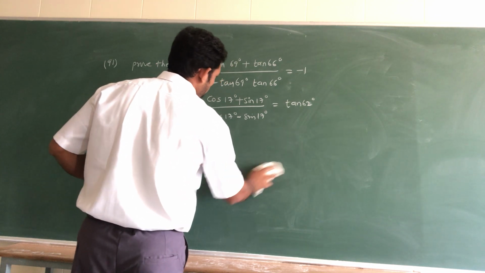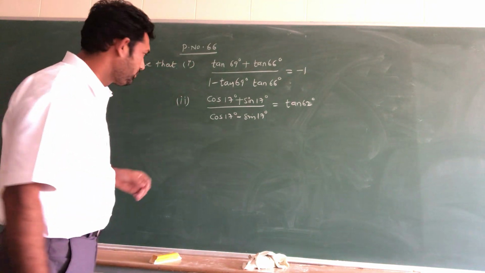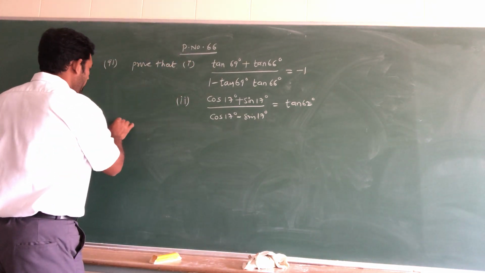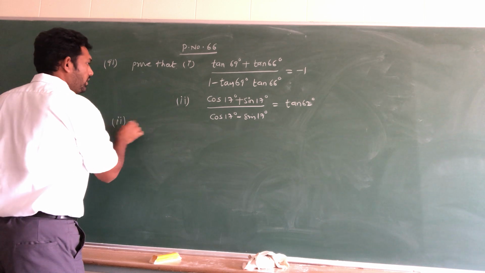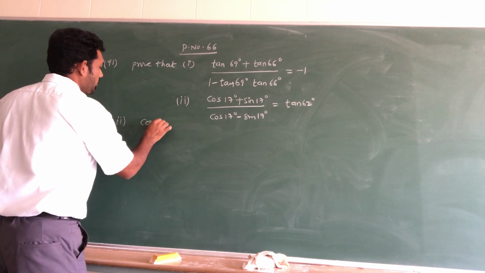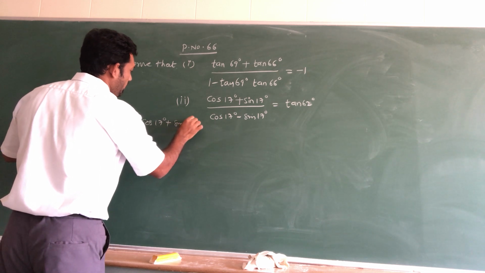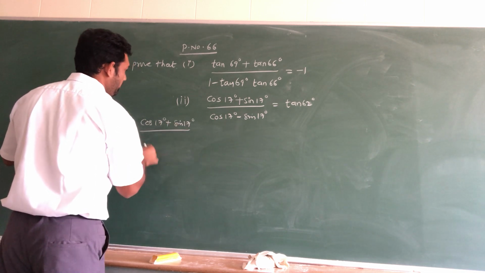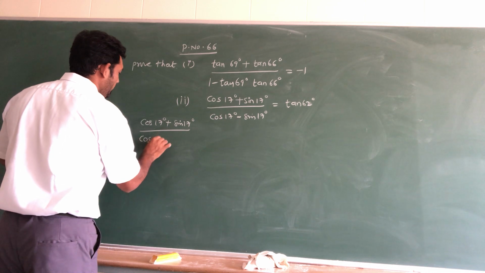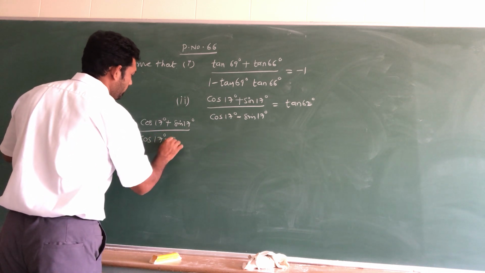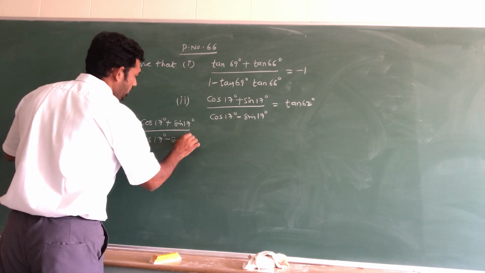So this one, second one, cos 17 degrees plus sine 17 degrees divided by cos 17 degrees minus sine 17 degrees.